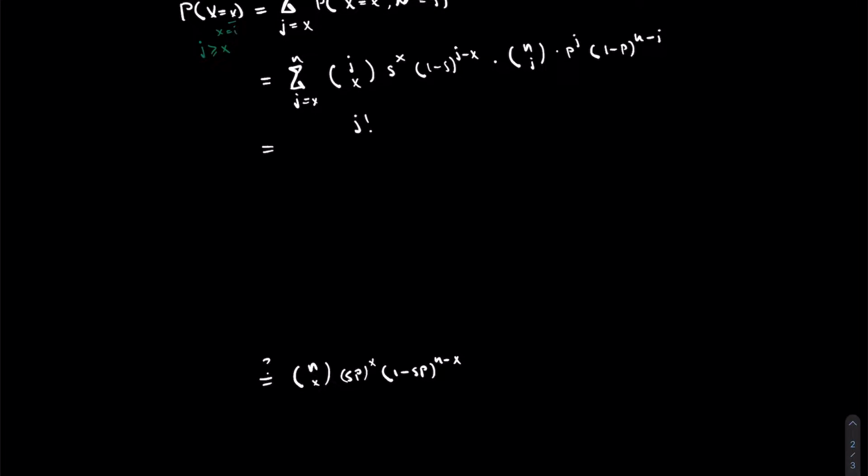So that's n factorial over j factorial, we have x factorial, j minus x factorial, s to the x, we have the 1 minus s to the j minus x, and then j factorial over n minus j factorial, p to the j, 1 minus p to the n minus j.